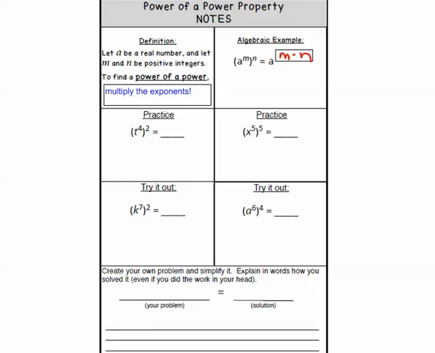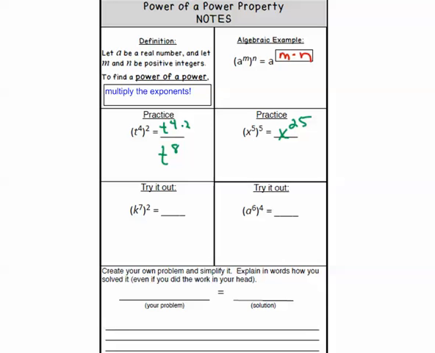So let's do a few examples together just so we solidify that understanding. We can say that 2 to the 4th squared is going to be the same as 2 to the 4 times 2, or 2 to the 8th. We can say that x to the 5th power raised to the 5th power would be the same as x to the 25th, or 5 times 5.